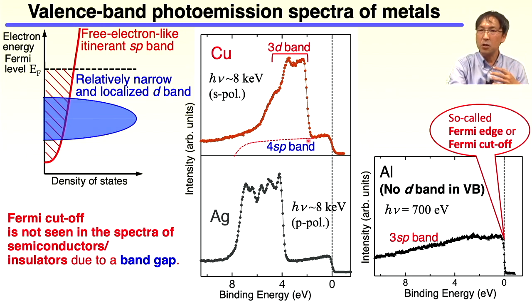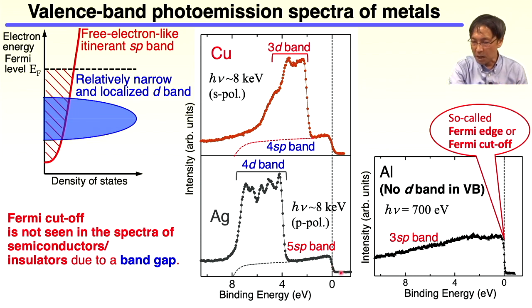In the case of silver, on the other hand, the localized 4d band contribution is seen in the spectrum from 4 to 8 electron volt, where the 5sp band contribution is observed like this. These spectra can be well explained by the schematically drawn density of states as shown in this figure.